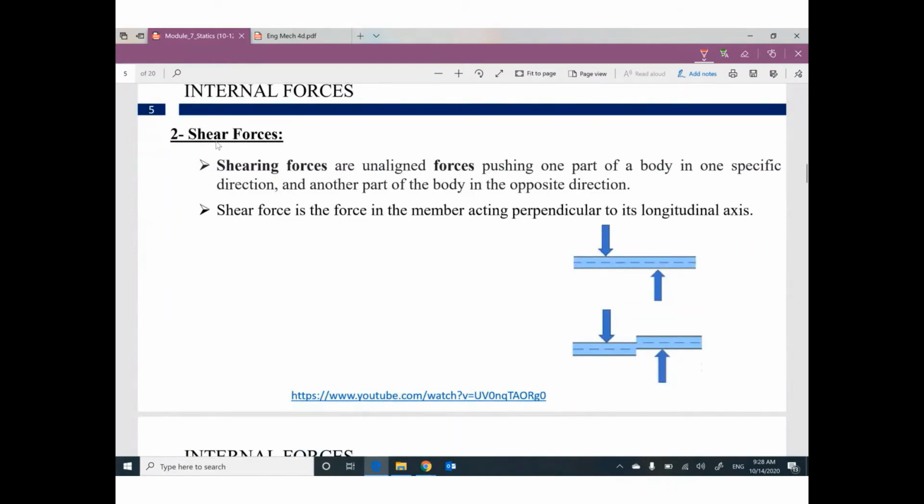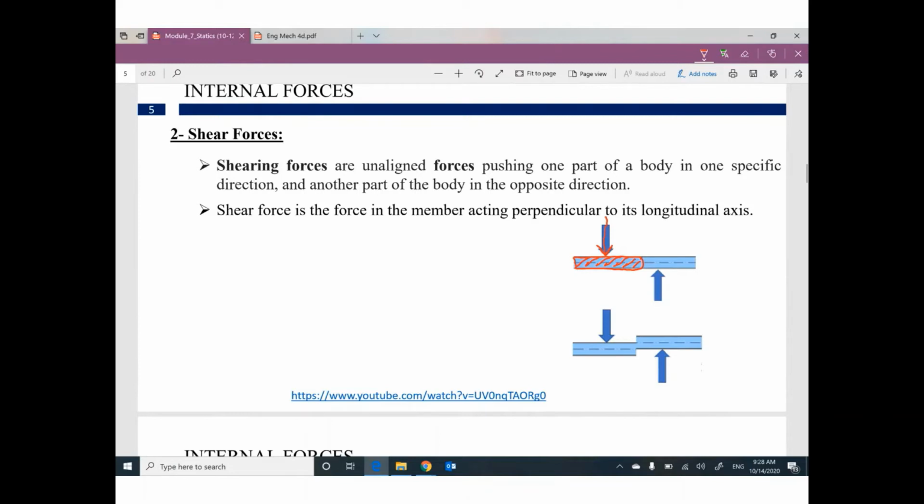What do you mean by shear? Shear is a little bit critical. We don't like shear. Shear is not good. We have a part of this beam under the effect of this load coming down, so this part of the beam would like to move down.